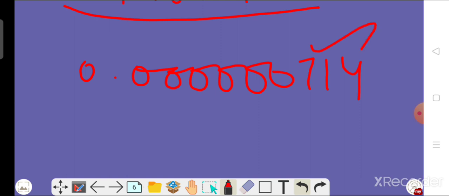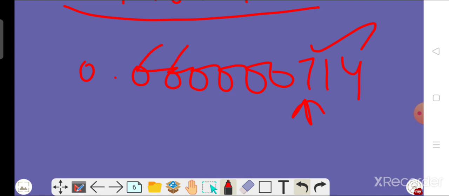To represent a smaller number in scientific notation, we have to move the decimal place to the first non-zero integer in the number. So if we move the decimal place towards the first non-zero integer, that is 7, we have to count the number of places.